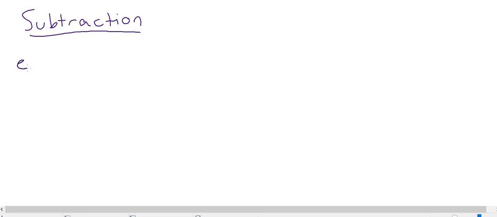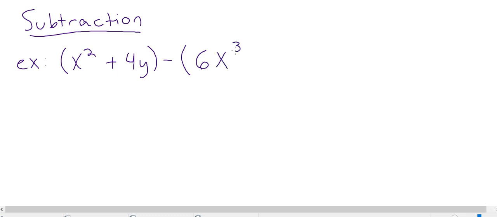Another example. So here is also a subtraction problem. We're subtracting a trinomial from a binomial. We have a subtraction sign between the two parentheses.